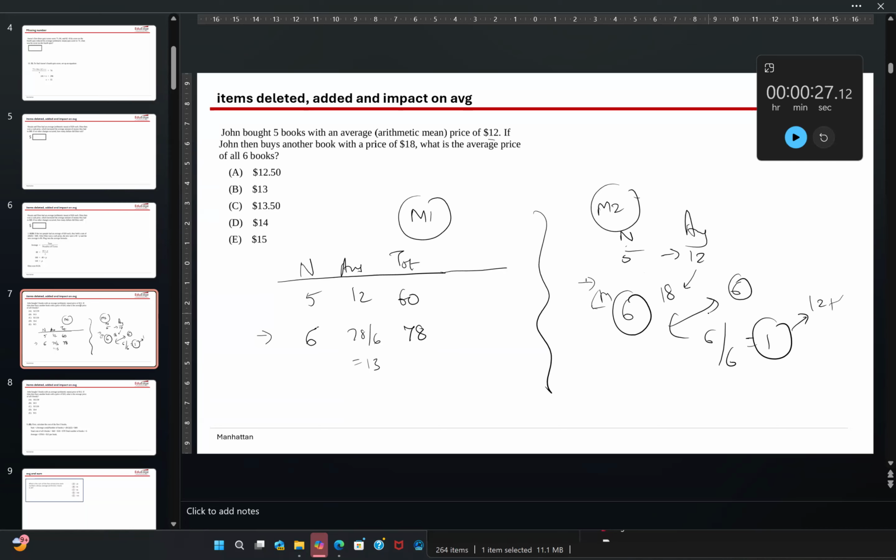So the average from 12 becomes 13. The difference upon the total number of observations is the variance. Difference between the old average and the new data point is the addition to the average, divided by the number of new data points, which is 6, will give you the addition in average, which is 1. So 12 plus 1, 13.